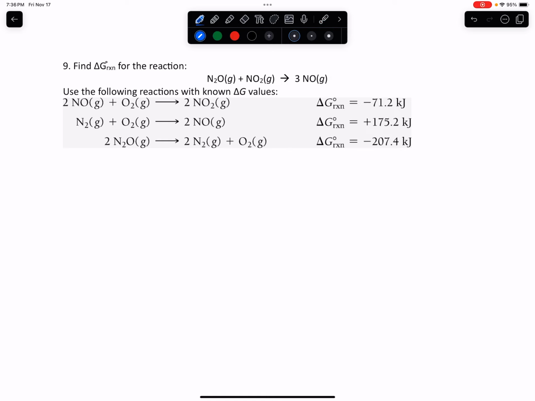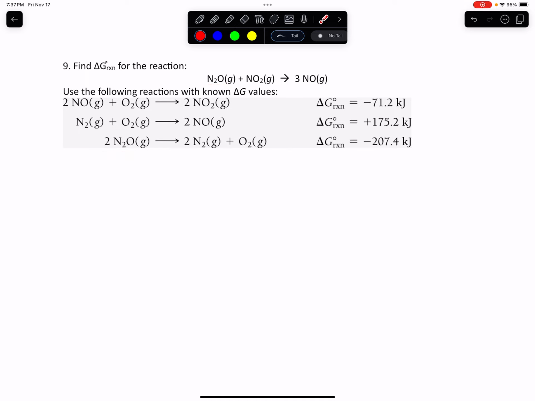What we need to understand is, number one, in this reaction we have an N2O on the reactant side, and we have N2O in the third reaction as well. The only difference is that here I have 2 and here I have 1.